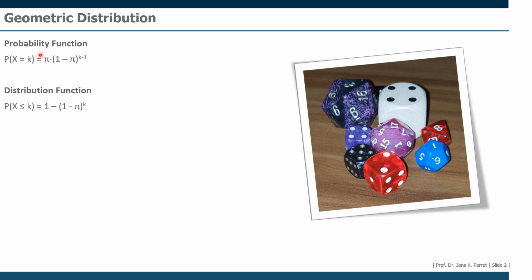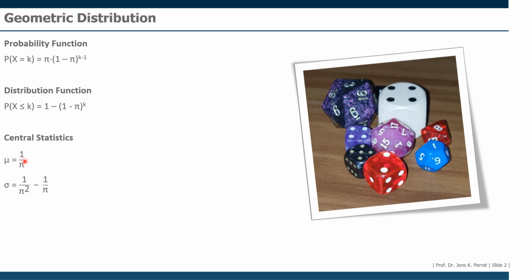So both the probability and the distribution function are actually pretty straightforward for the geometric distribution. Similar are the two main central statistics, the mean and the standard deviation. In both cases, we can simply use the probability of the event occurring.